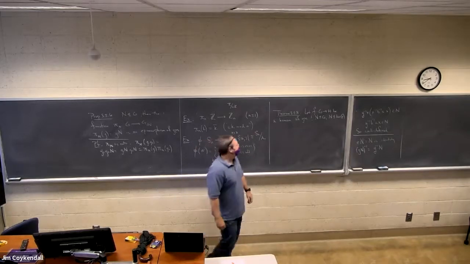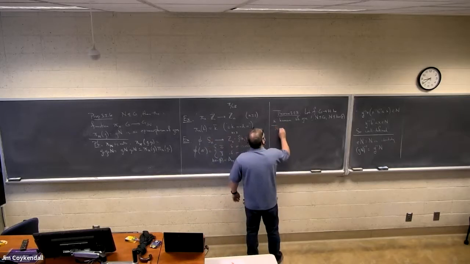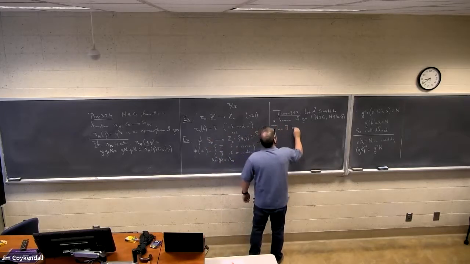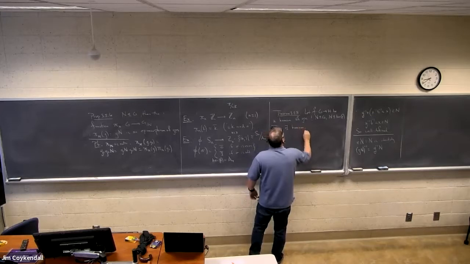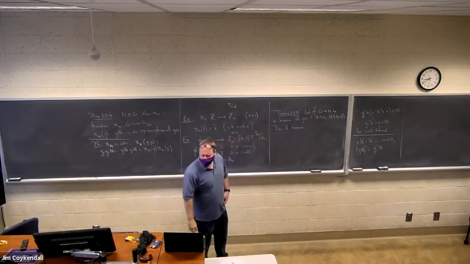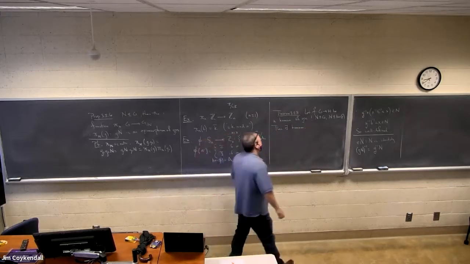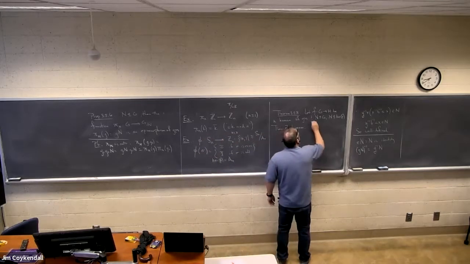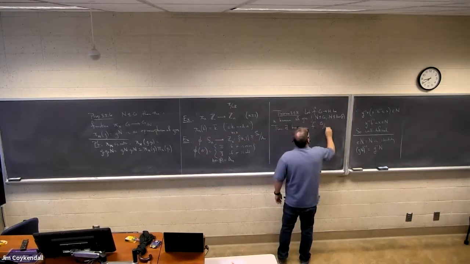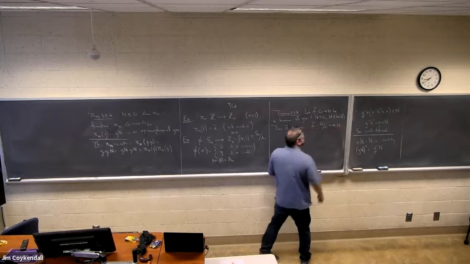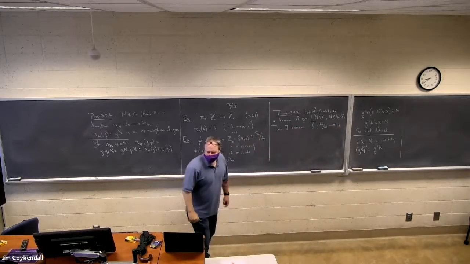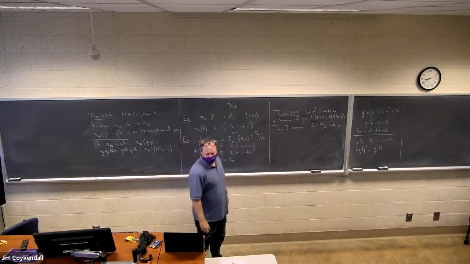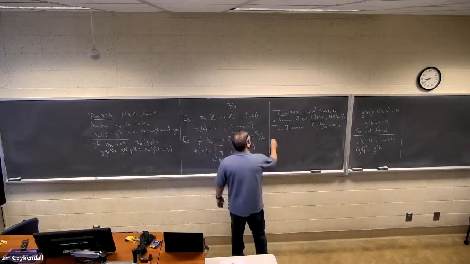Then there exists a homomorphism, sort of induced by F, so I'll call this F bar, defined on G mod N, such that, well, I'm going to tell you how it works.